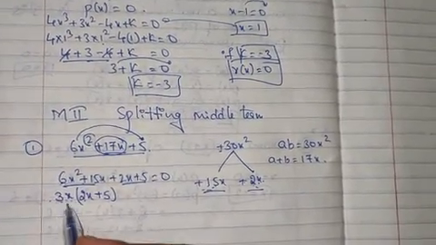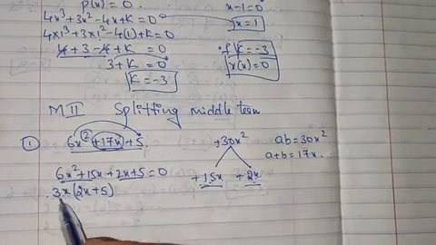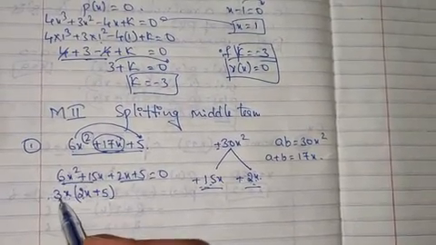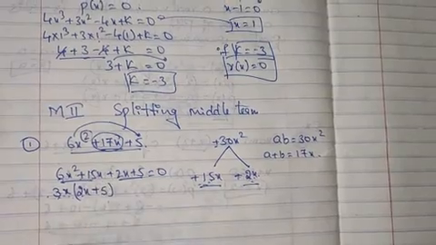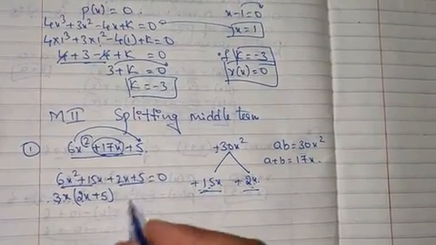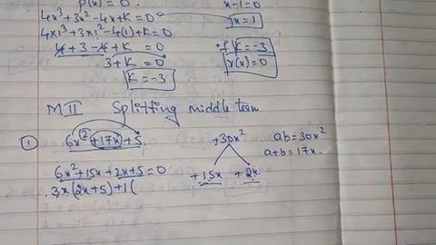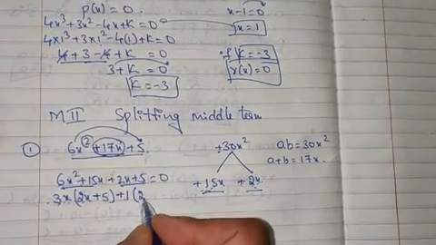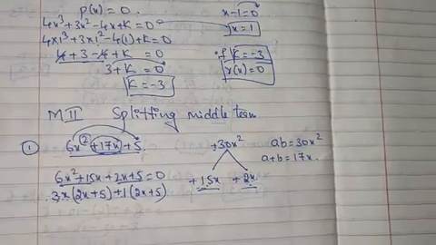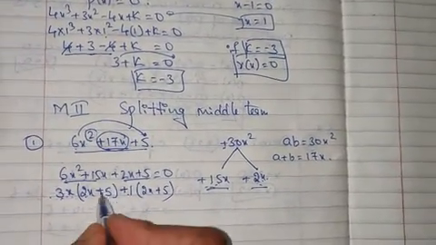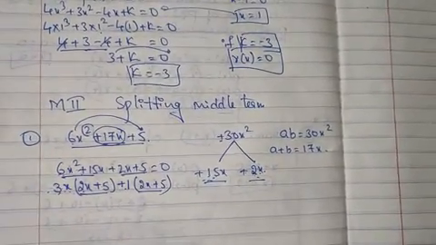After multiplying these two, we have to get the same terms: 3x into 2x, 6x square, 3x into 5, 15x. What is common in these two? If there is no number common, we can take 1 as common. So if 1 is taken out, 2x plus 5 remains the same. Again you can see 2x plus 5 and 2x plus 5 are common.